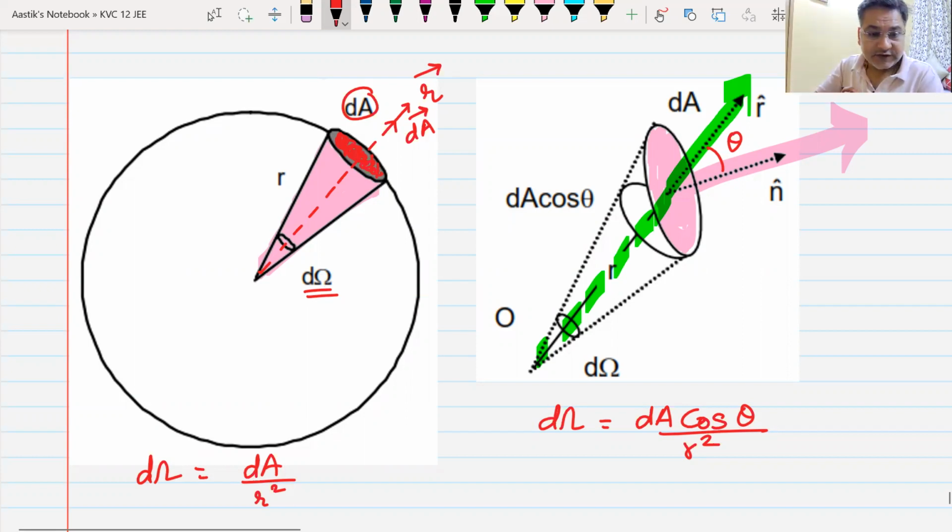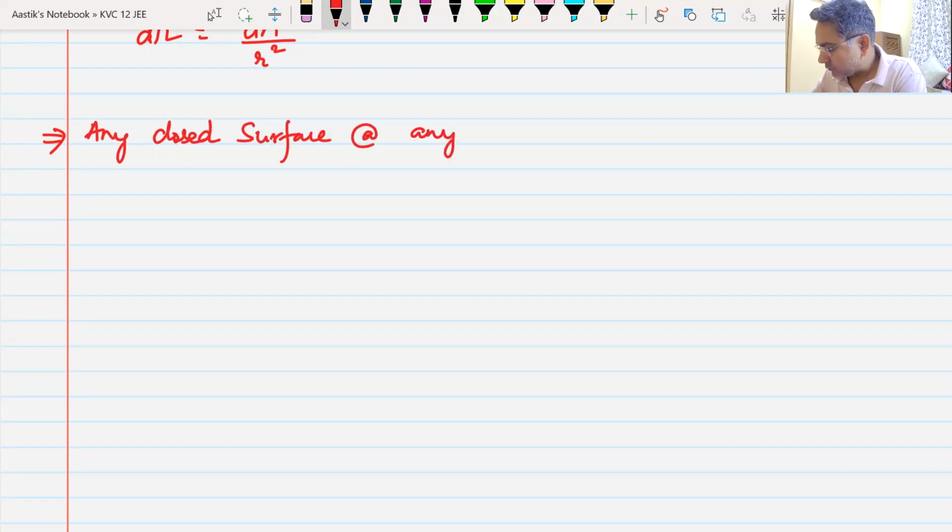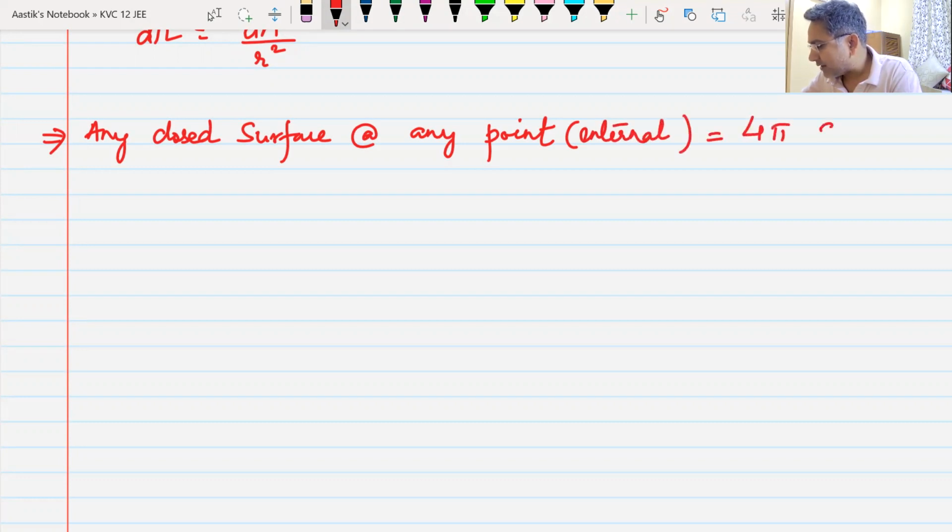Any closed surface at any point which is internal, the total angle subtended by this will be 4 pi steradian.